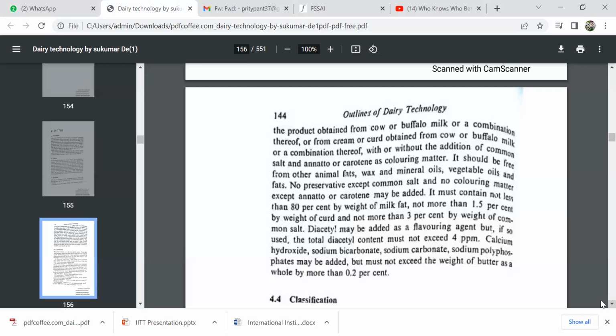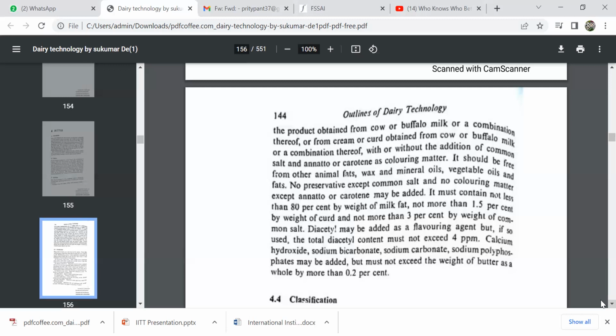When we studied cream, it was not less than 25% of milk fat, and in butter not less than 80% of milk fat by weight, not more than 1.5% by weight of curd, not more than 3% by weight of common salt. Diacetyl may be added as a flavoring agent.